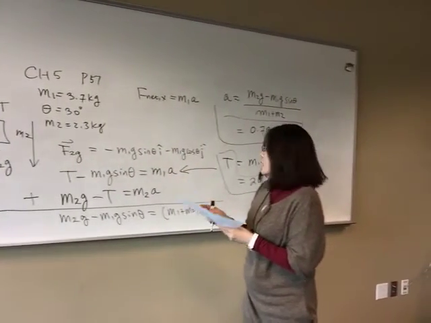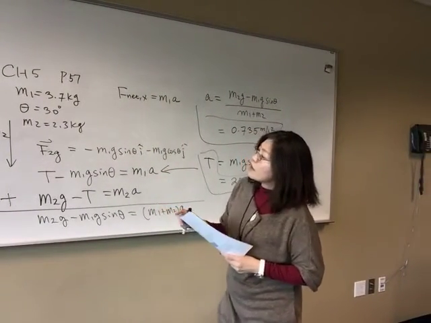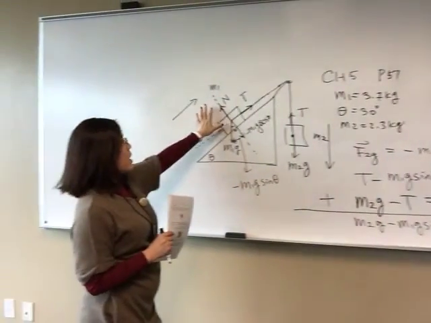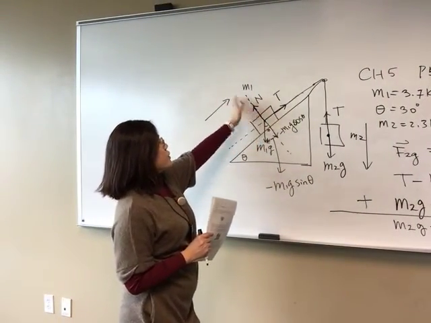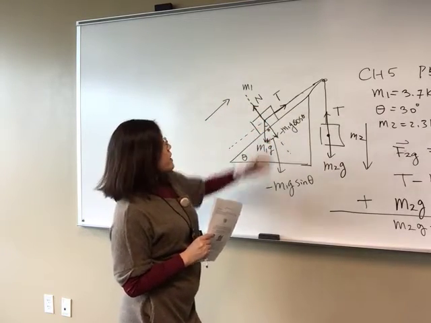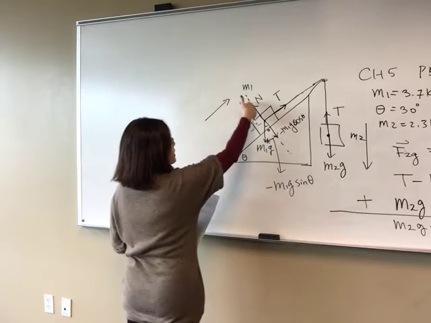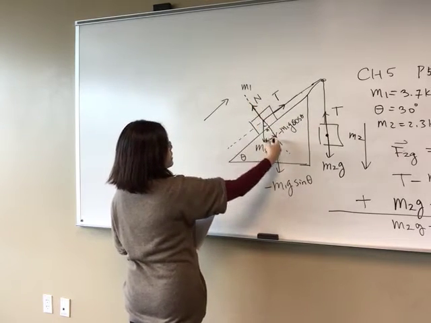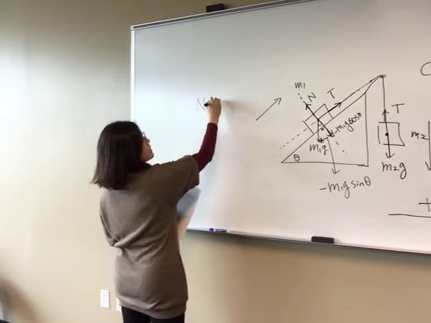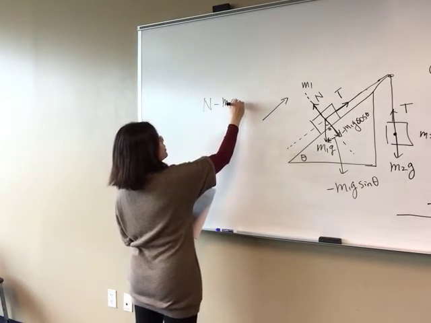And now, if I ask you to calculate the normal force, how would you do that? It's not part of the problem, but if I ask you to find the N, basically you want to sum up all the forces on the block to see what the N value is. So you have your N here, that's upward, and you have the gravitational force that's downward. So you have N minus m1g cosine theta.